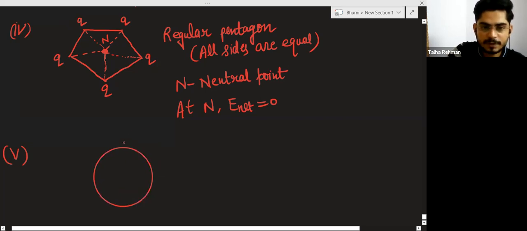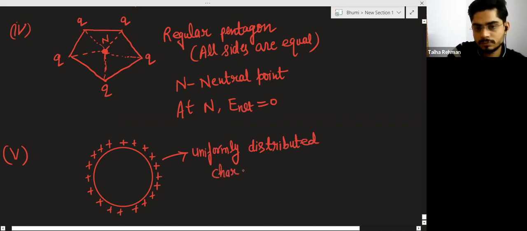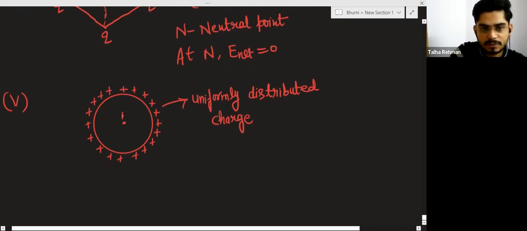Now, if you are taking a circle, meaning a disc or a ring, having uniformly distributed positive charge, this charge can also be negative, and at the center there is a neutral point.